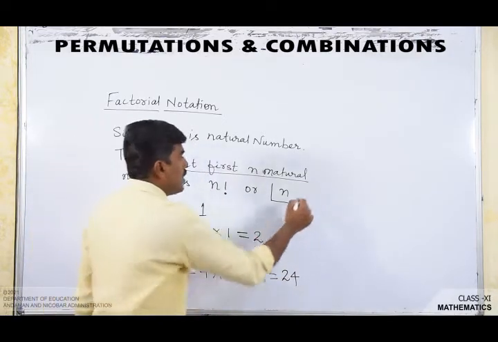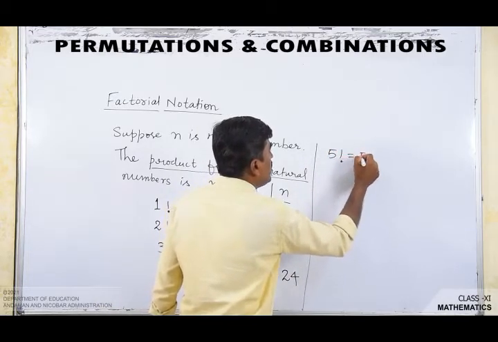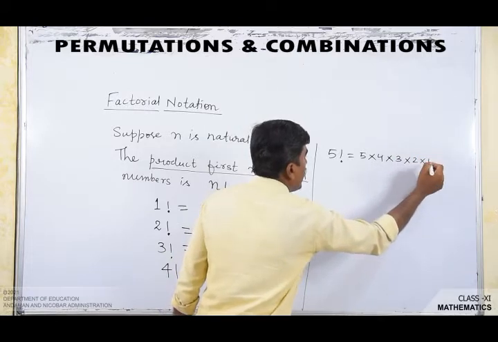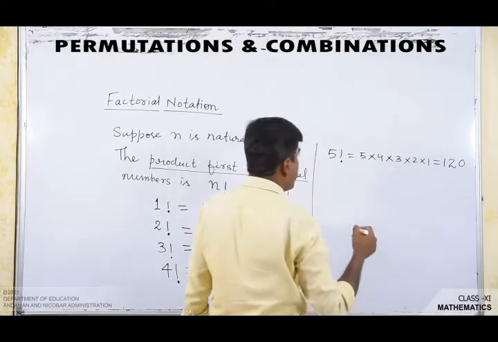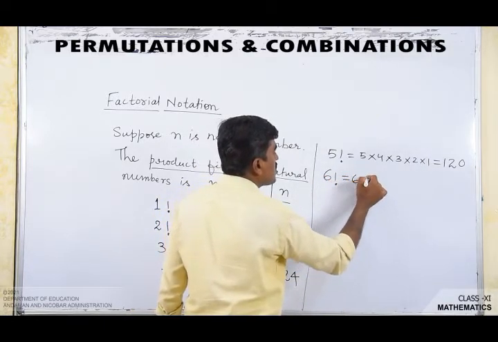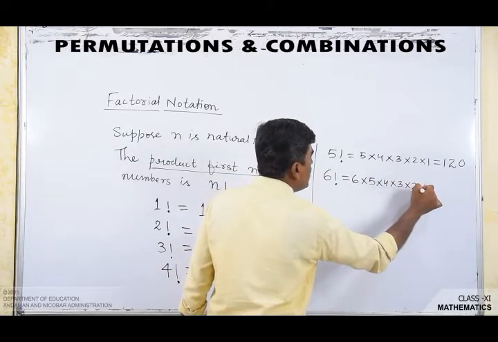And I told you 5 factorial, that is 5 into 4 into 3 into 2 into 1, and that is equals to 120. 6 factorial is equals to 6 into 5 into 4 into 3 into 2 into 1.